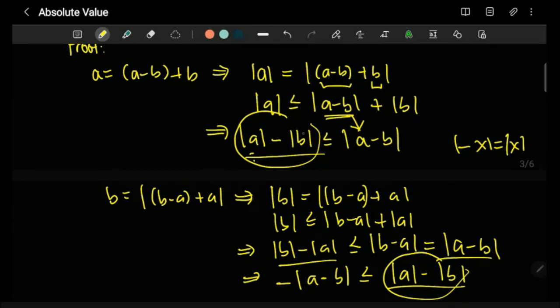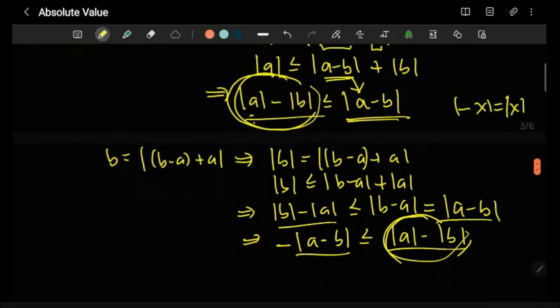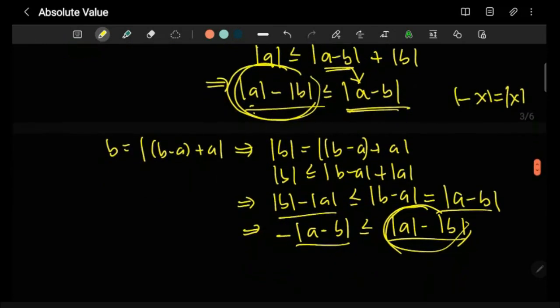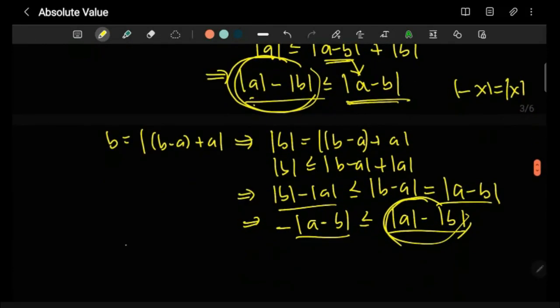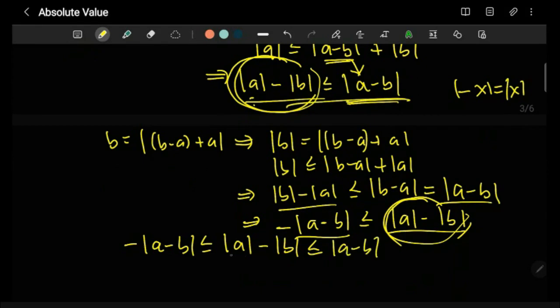So, ulitin natin. So, ito, nasa gitna. Nasa kanan niya to, nasa kaliwa niya may negative. Sounds familiar? Yan na yung number 2, di ba? Ibig sabihin, anong pakita natin? Negative absolute value ng A minus B is less than or equal to absolute value of A minus absolute value of B less than or equal to, from this one, absolute value of A minus B. So, nakaipit to sa gitna nung negative nito tsaka positive nito.